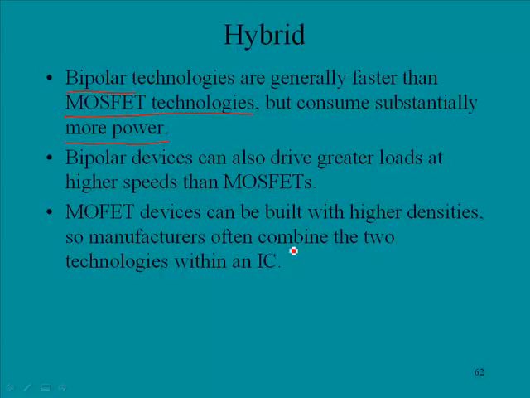So manufacturers often combine the two technologies within an IC. Within a given IC, you're able to put a lot of MOSFETs on a chip. You can pack them at higher densities than you can with bipolar. And so manufacturers like Intel will often have what they call a hybrid, which will be combinations of MOSFET technology and bipolar in their digital technologies.